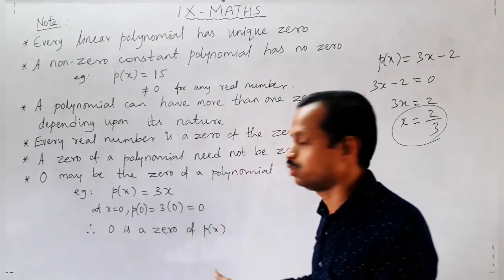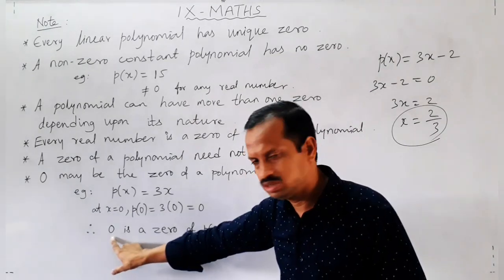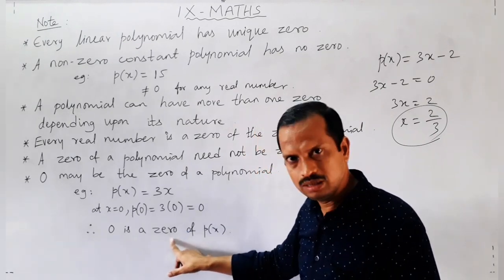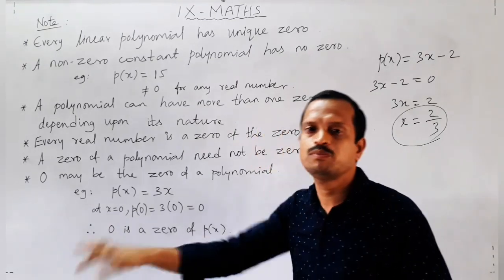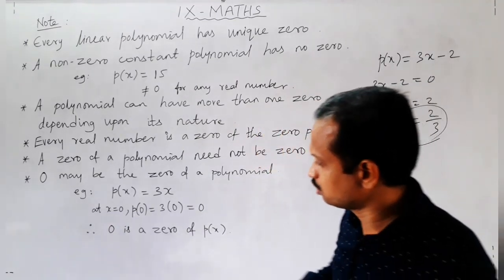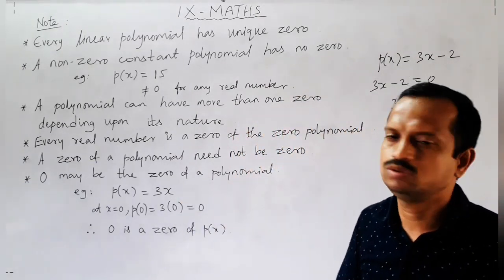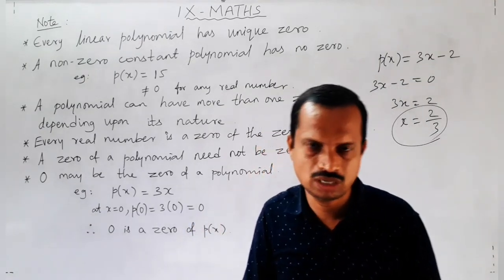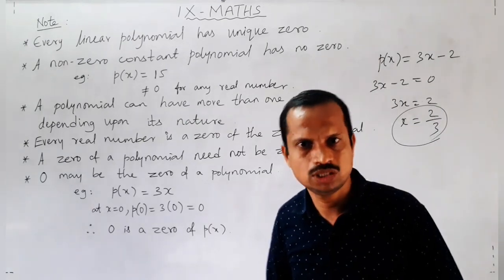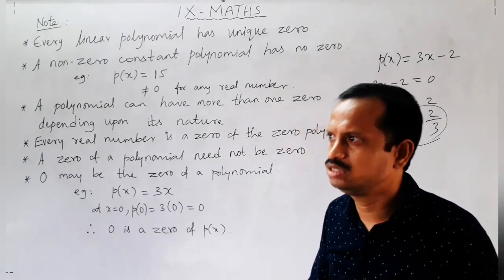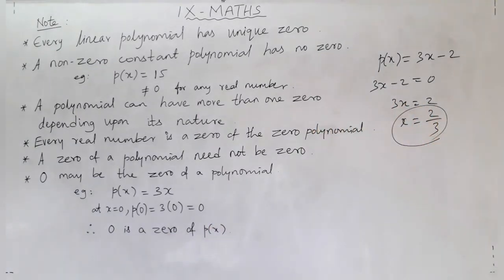Therefore, 0 is the zero. You just make the difference. Here 0 is the number, and the zero of the polynomial p(x). So 0 is the zero of the polynomial p(x). Clear? Because of this number 0, the value of the polynomial becomes 0. So we can say 0 may be the zero of the polynomial or may not be. Sometimes it comes that 0 itself is the zero of the polynomial. In many things like this you will get.